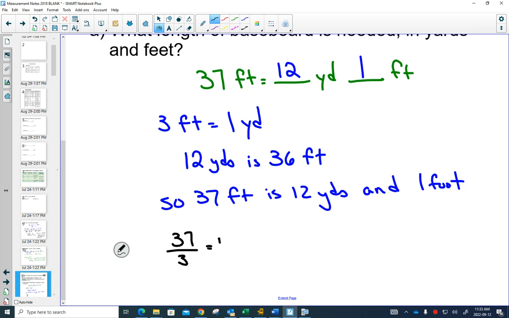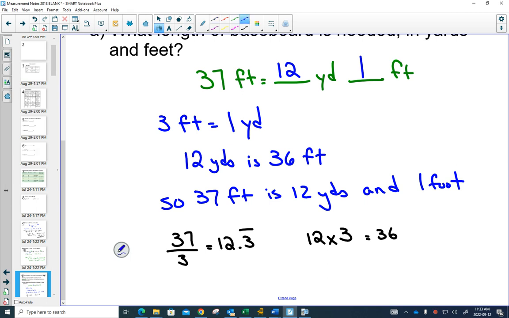Your calculator will tell you 12.3 repeated. The 12 tells you that this has to be 12. The 0.3 doesn't tell you that that's 1 right away. But if you got 12.3, you could then say, I know that 12 full yards times 3 is equal to 36. Then that lets me know there was 1 foot left over.